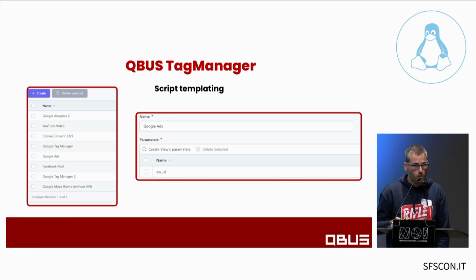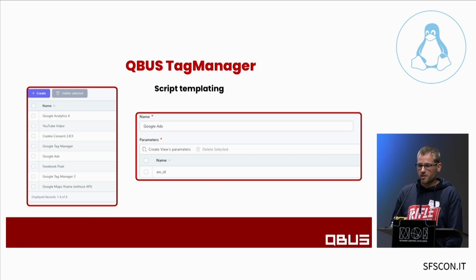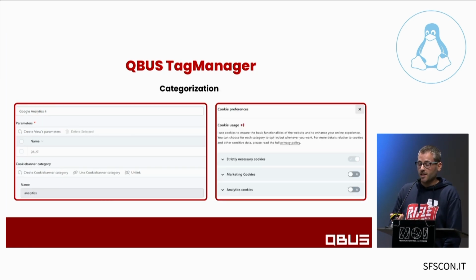It was very useful when we had, this year, to migrate all of our clients using Google Universal Analytics to Google Analytics 4. It took us a few minutes to do that, which was very helpful in this case. Another feature is that those templates that I talked about can be assigned a category, and each category will be directly reflected in the cookie banner that we used.